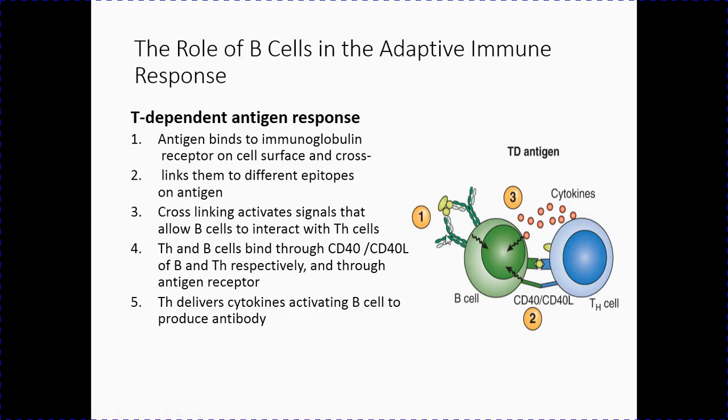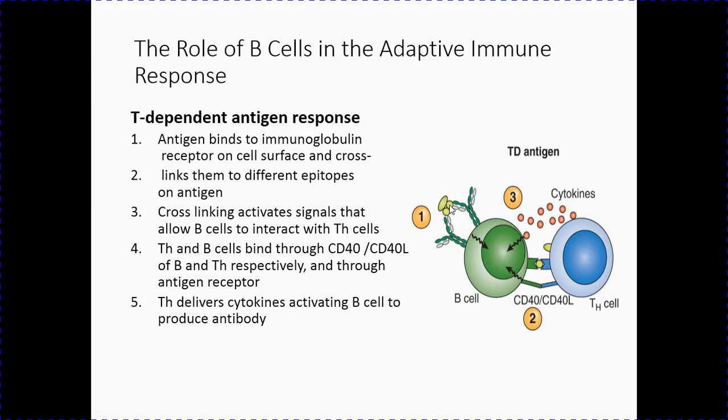So we have three mechanisms. We have presentation of peptides. We have the binding of the CD40, CD40L receptors or markers, and then we have the cross-linking of immunoglobulins to activate it by binding to antigen receptors on a pathogen.